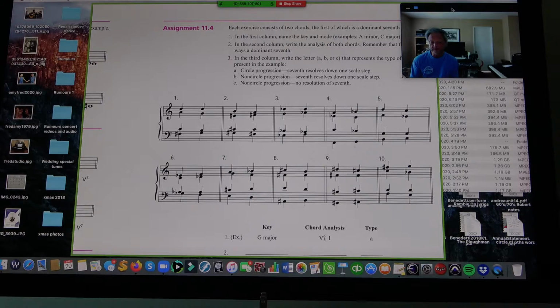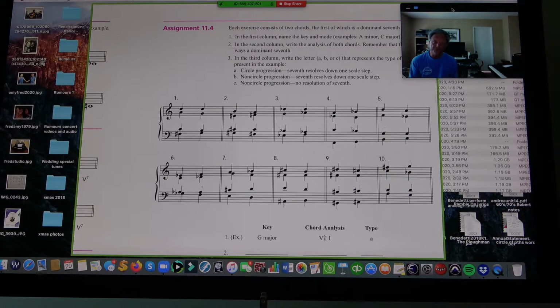And then you've got another particular category in that not only might you do a non-circle progression, but you have to look at the possibility of, does the 7 resolve down or does it not resolve at all? And so that ends up actually being 3 categories.